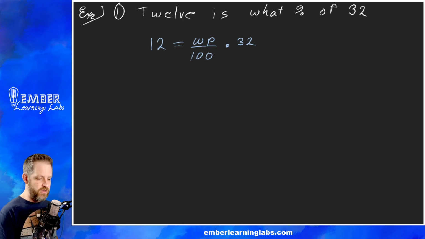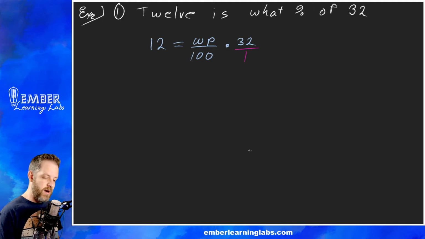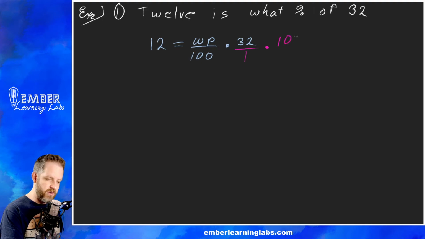So the 32 and the 100 are both attached to the WP, right? So we're going to get rid of them by treating it like it's a whole fraction, because we can put this over 1. To get rid of a fraction, we multiply by the reciprocal, remember? So we're going to multiply times 100 over 32 on both sides.